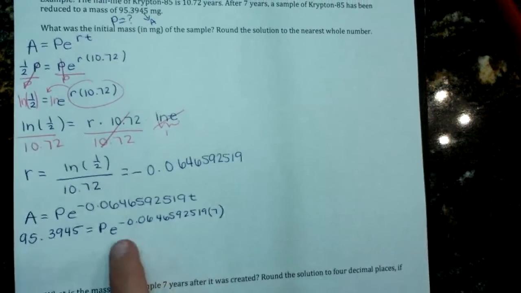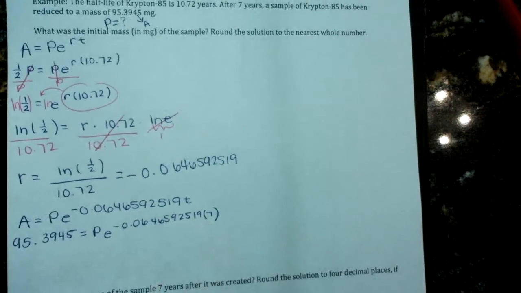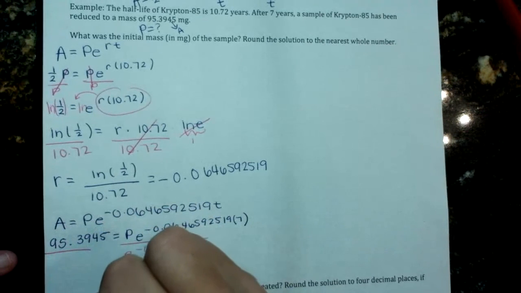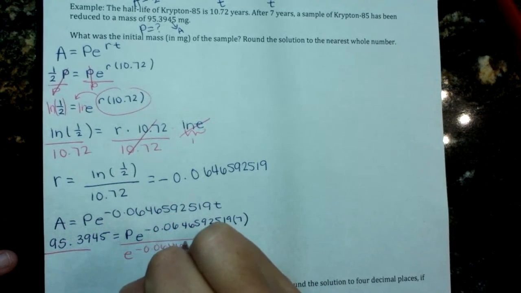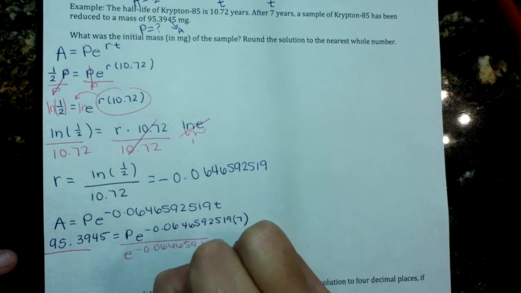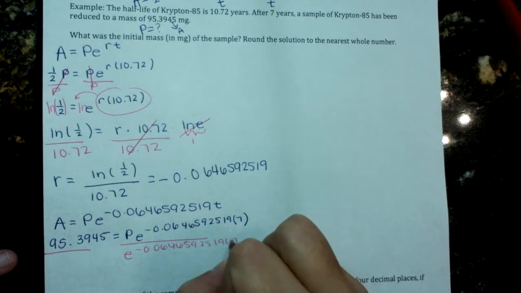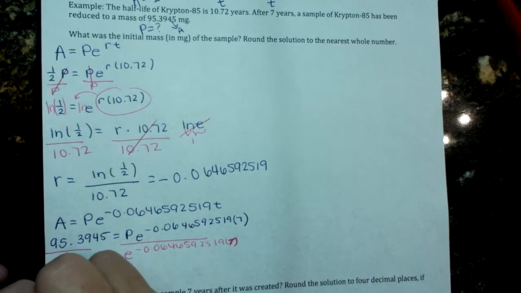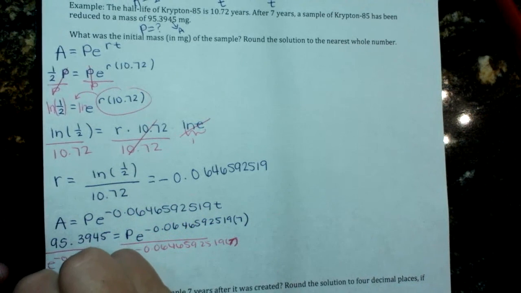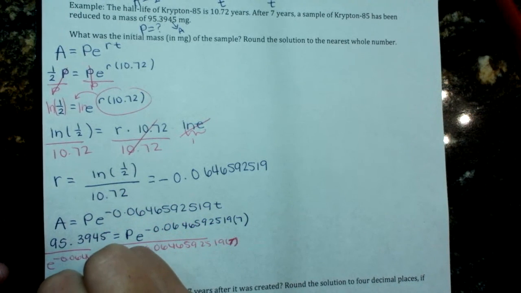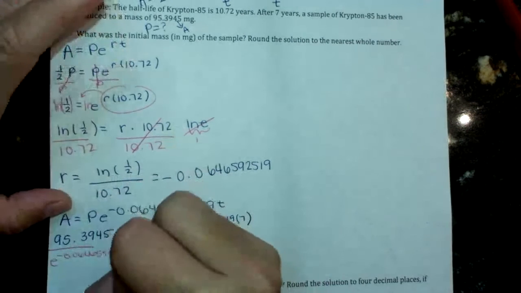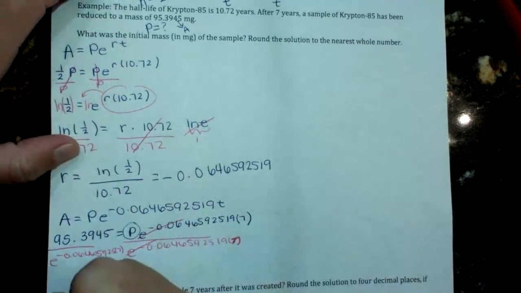Ugh. Remember, e to this stuff is just some number, so I can divide both sides by e to that stuff, times 7. That way those cancel, and we can get P by itself. We're looking for the initial, we're looking for P.